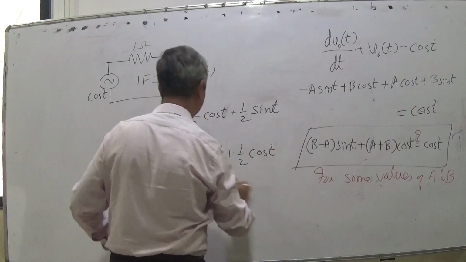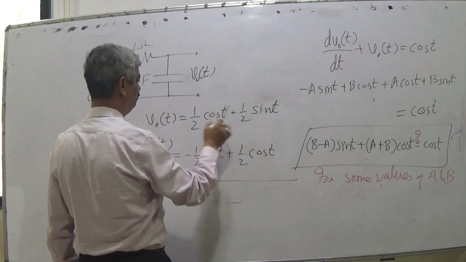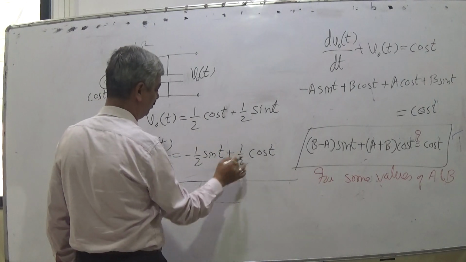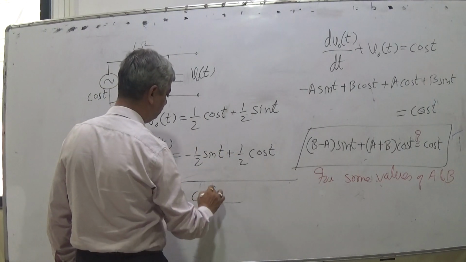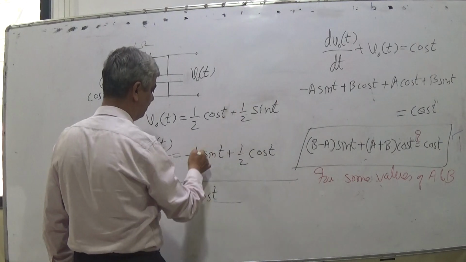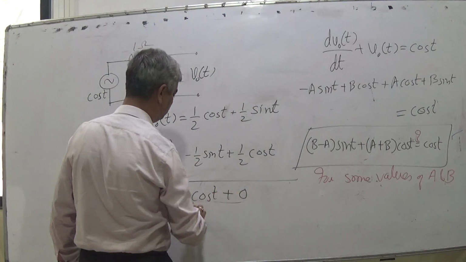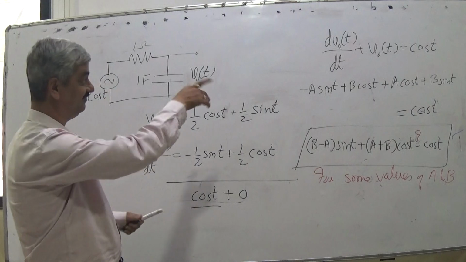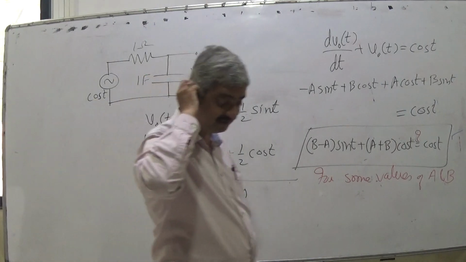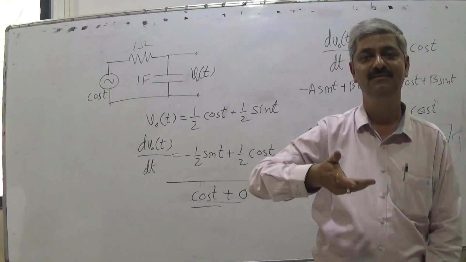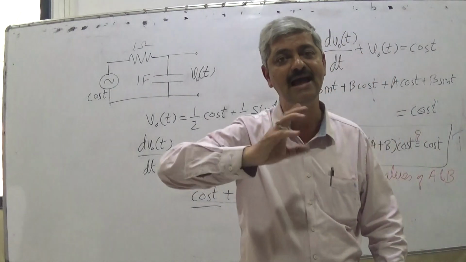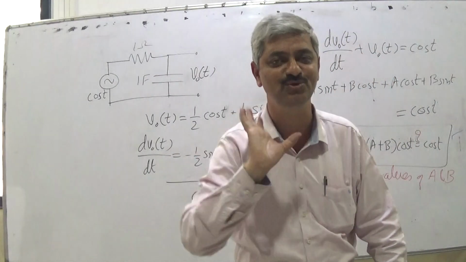So if I add these two, half cos t adds to half cos t to give cos t, and minus half sin t plus half sin t adds to 0. So it is cos t. So yes, at least you must be happy that I got the solution. So this is one of the solutions.